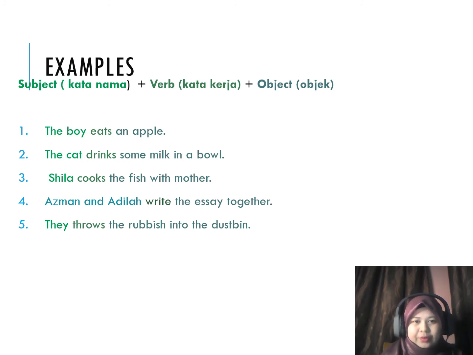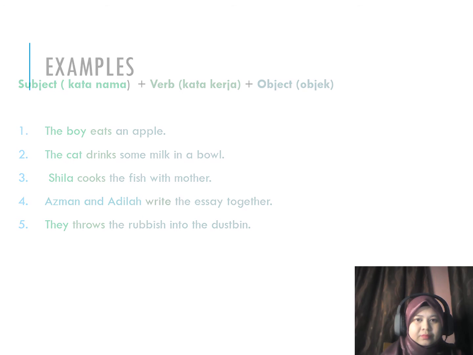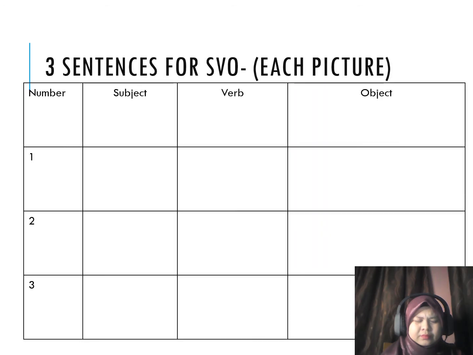They throw. So you have to write 3 sentences for each picture. Kena tulis 3 ayat untuk satu gambar. Three sentences for SVO in each picture.